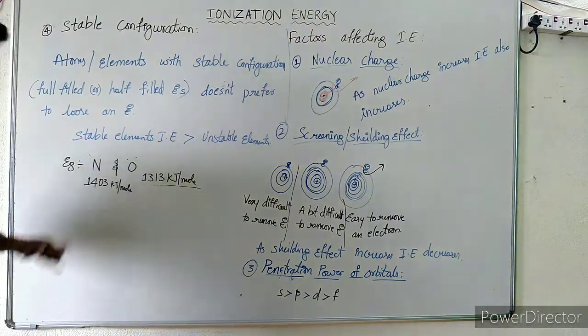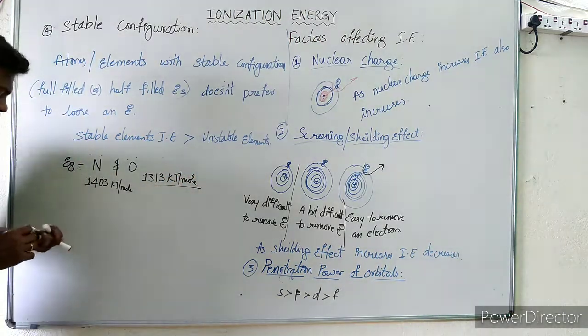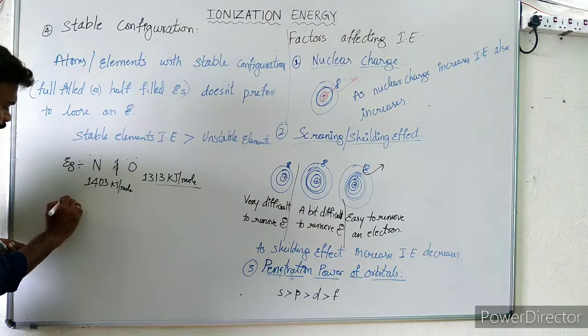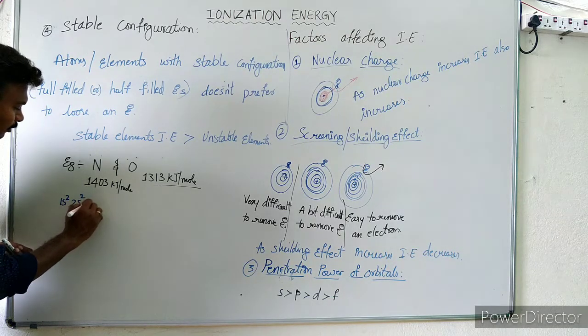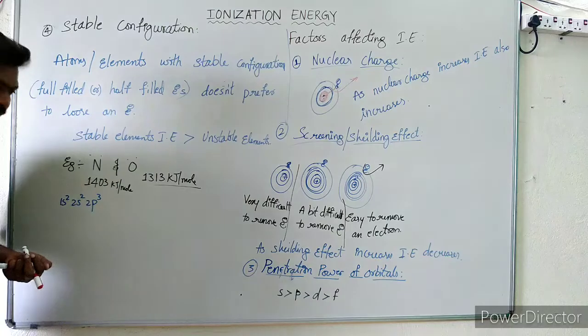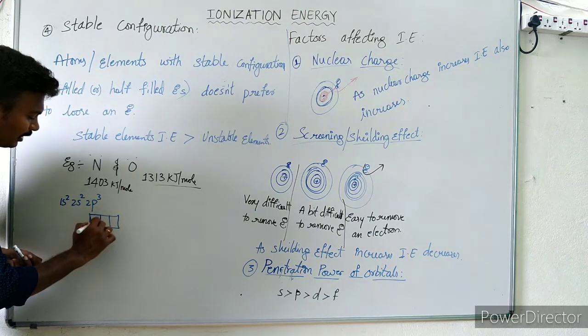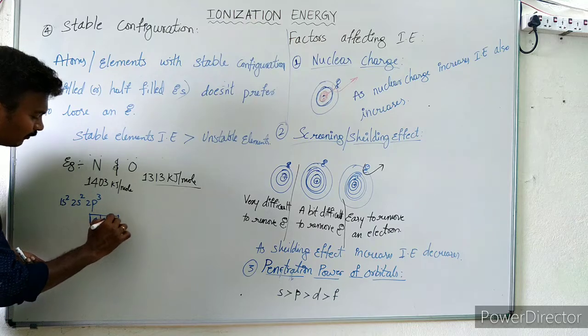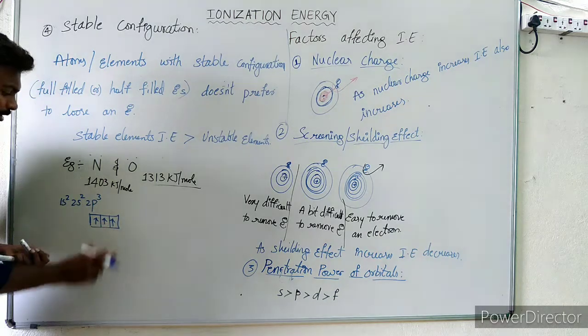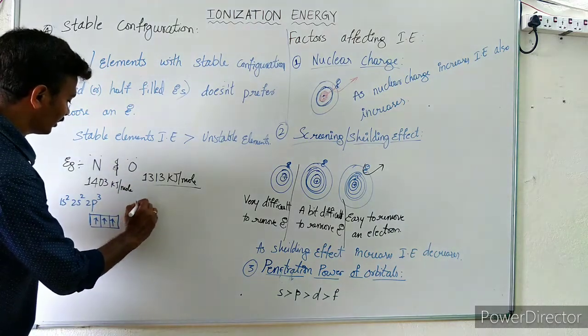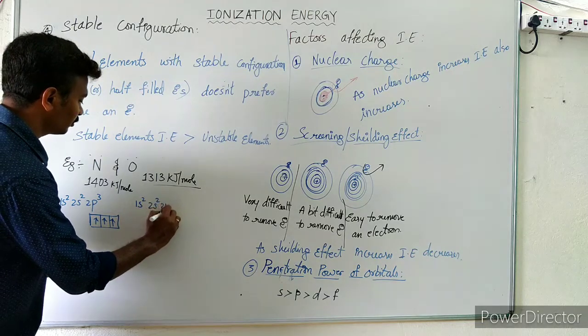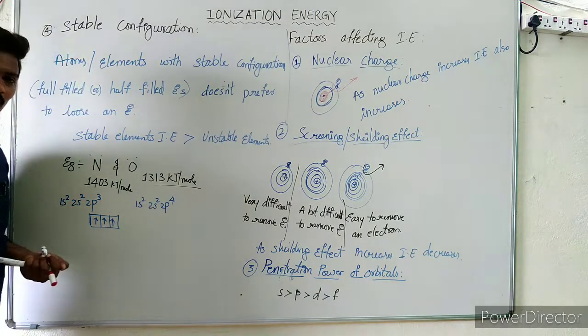This is the very best example where the nitrogen is having 1s2, 2s2, 2p3. Half filled. See here this p orbital is filled with one electron each, half filled configuration. Right. Next, coming to oxygen, it is 1s2, 2s2, 2p4.